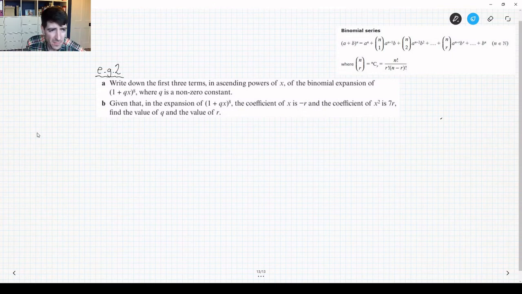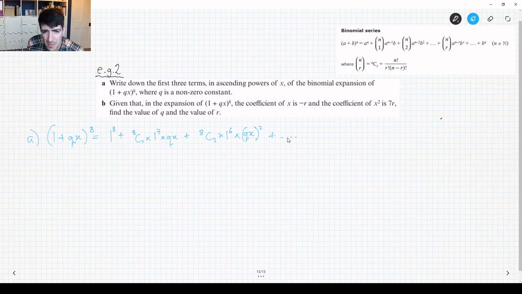So for this one, we need to find the first 3 terms in the expansion of (1 + qx)^8. So just like before, we know that (1 + qx)^8 is going to be 1, and in fact 1 to the 8, and then it would be add 8c1 times 1 to the 7 times qx, add 8c2 times 1 to the 6 times (qx) all squared, add and so on.